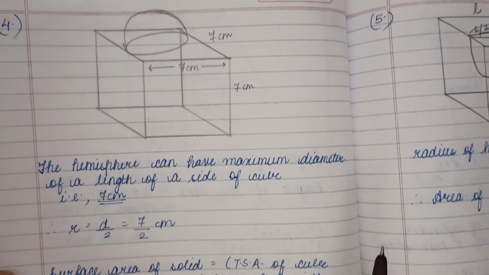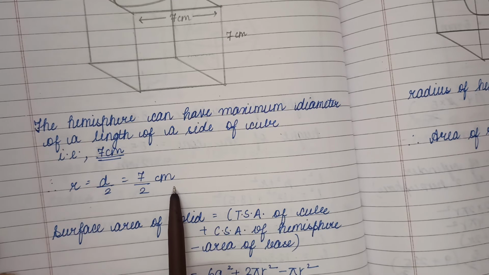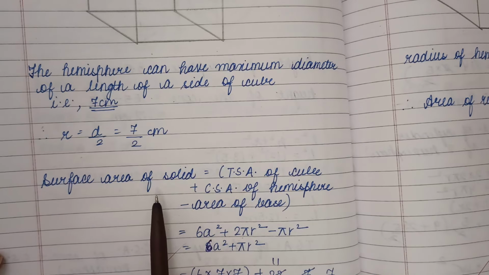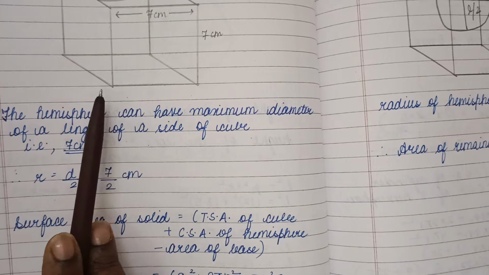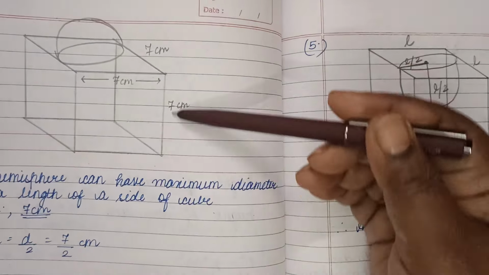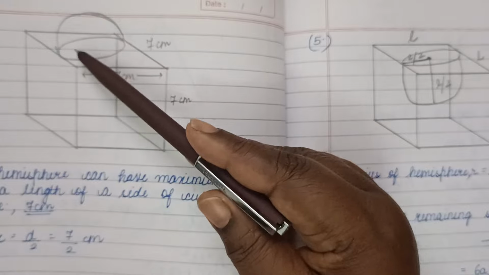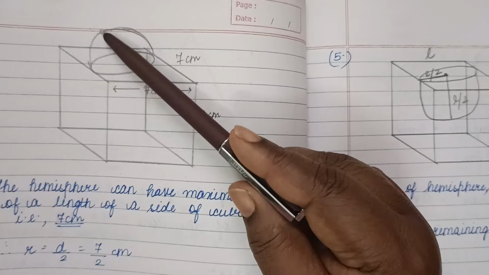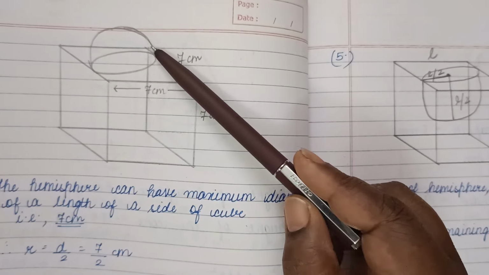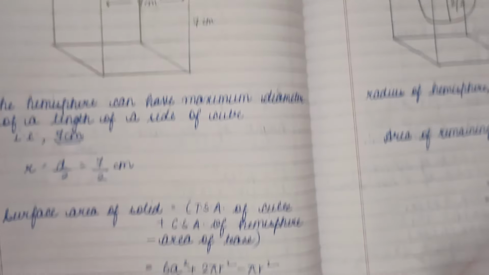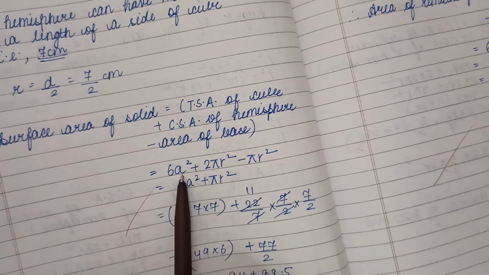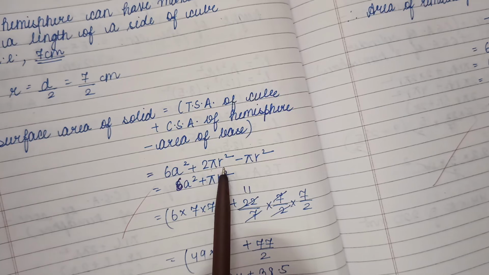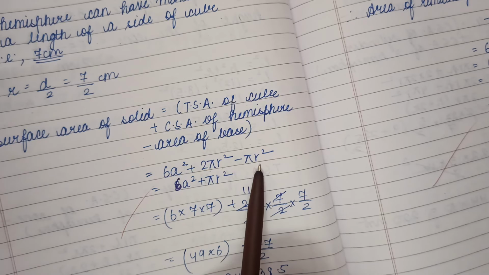So r will be equal to d by 2, that is 7 by 2 centimeter. We have to find out the surface area of the solid. So the surface area of the solid will be total surface area of cube plus curved surface area of the hemisphere minus area of base. So just put here total surface area of cube is 6a square plus curved surface area is 2 pi r square minus area of base of the hemisphere, pi r square.